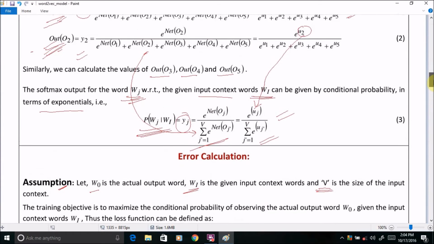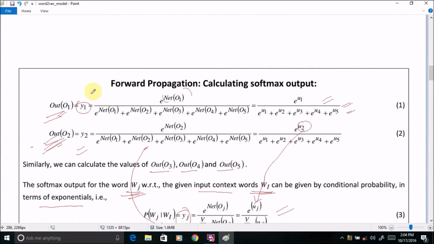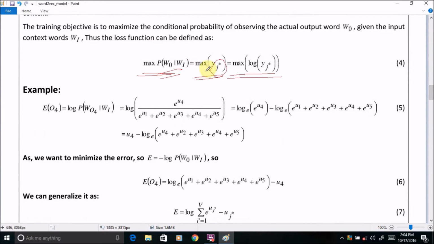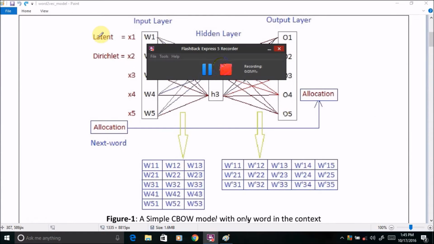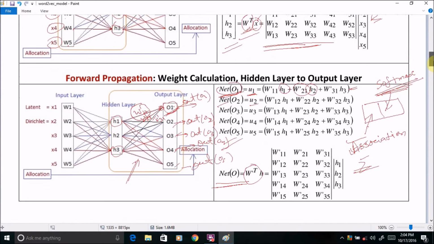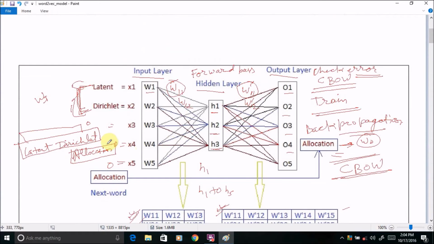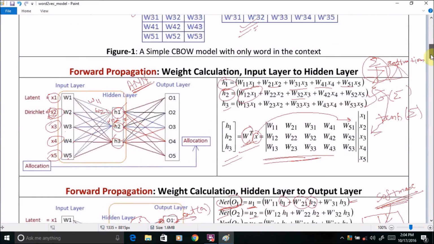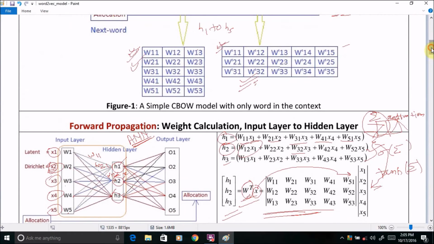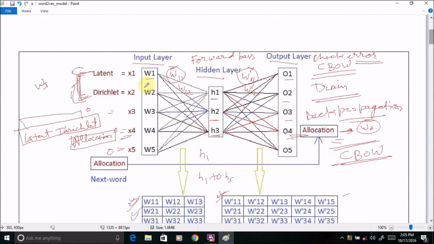Here you can revise what Y is: Y represents the softmax output. So here we are maximizing the softmax output of the word having index j star, and for that we can take the log also. For example, in our case the word W4 is the actual output, allocation, for the context latent and Dirichlet.